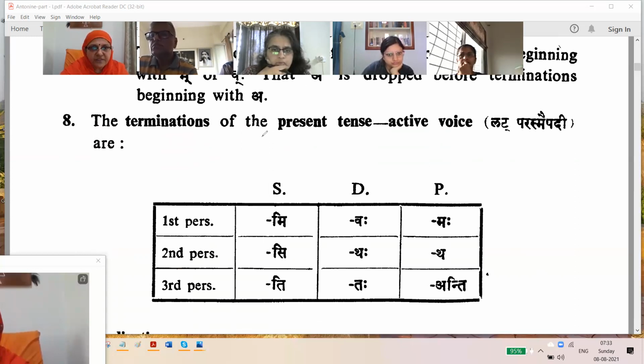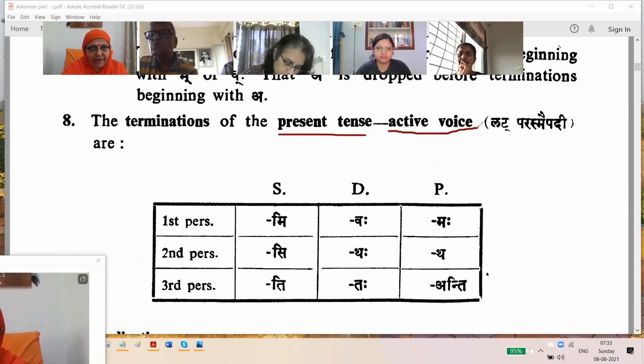These are the terminations of the present tense. Mi, vaha, maha is a termination of present tense, active voice, parasmaipadi, as I have told, and according to Paninian language it is called lat. Lat means present tense according to Panini.